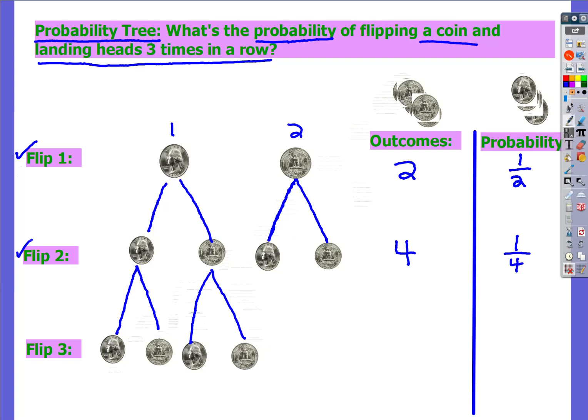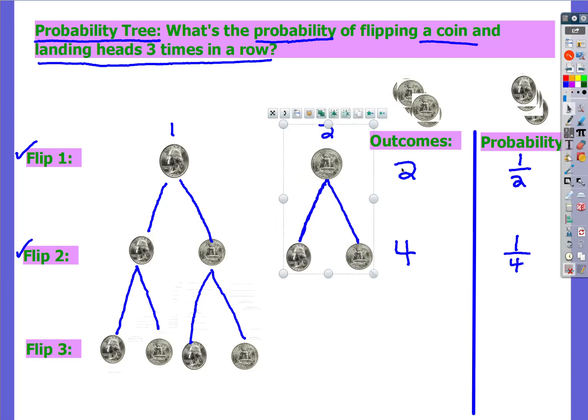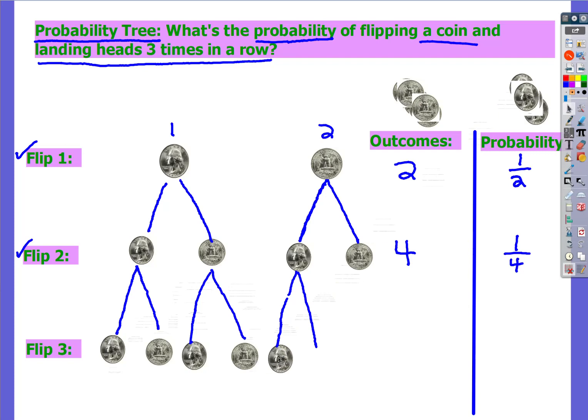I'm just going to move this over to give us a bit more room. There we go. So I could go tails, heads, heads, and tails, heads, tails. Let's track that outcome, and this will inform what we do next, because we have an easier way to break this down, but I just wanted to see the pattern first. And we also get tails, tails, heads, and tails, tails, tails.